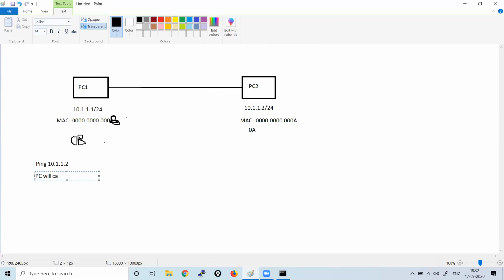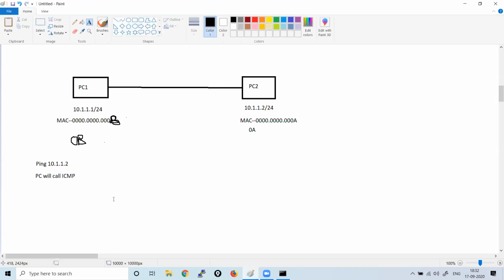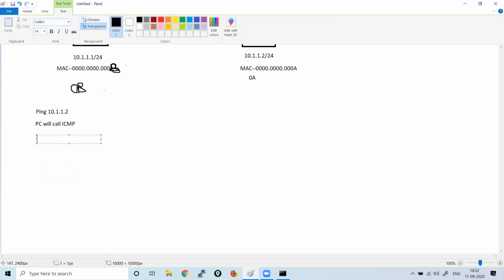ICMP. Now, after calling the ICMP protocol, what will ICMP do? Echo request. This thing is clear.